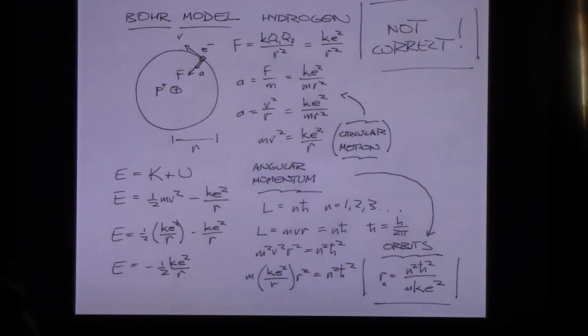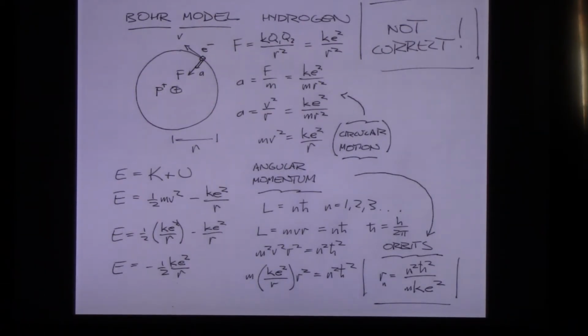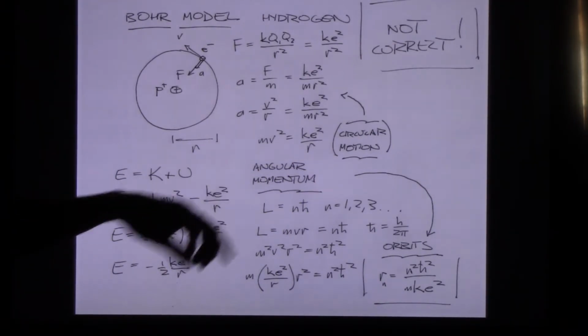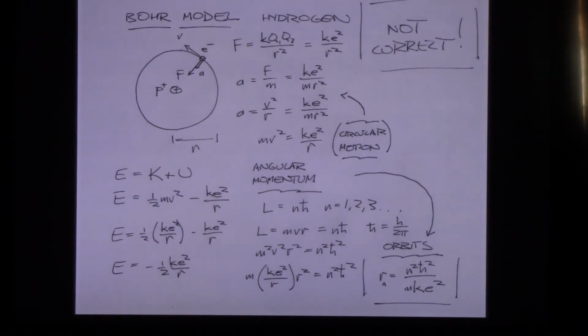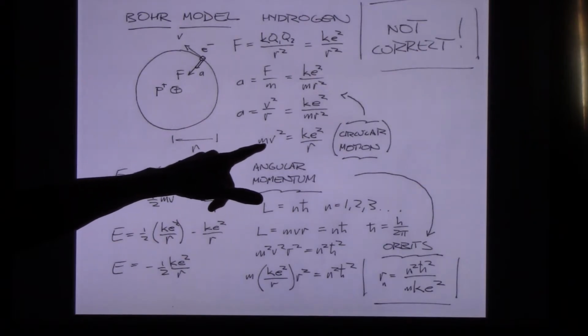And that's the relationship we want to use, because what we're interested in is finding out how much energy the electron has. And k e squared over r and m v squared sound like they're kind of related to some energies. First of all, the kinetic energy of the electron would be 1/2 m v squared, so that's like twice the kinetic energy.